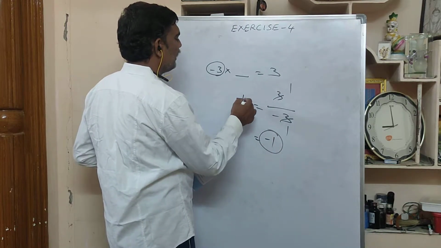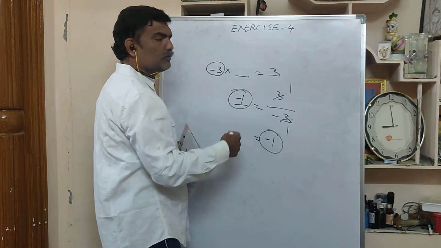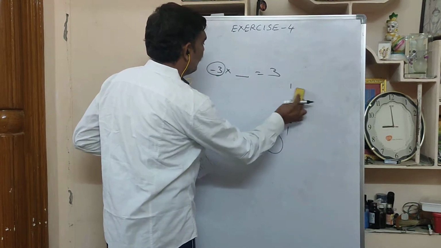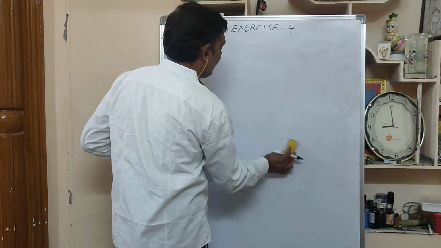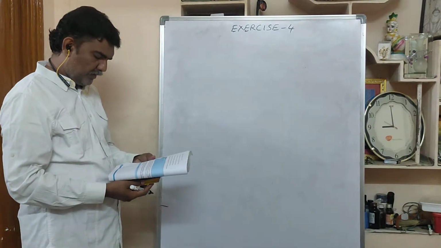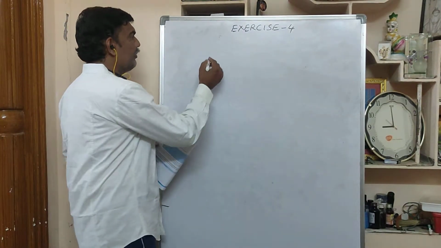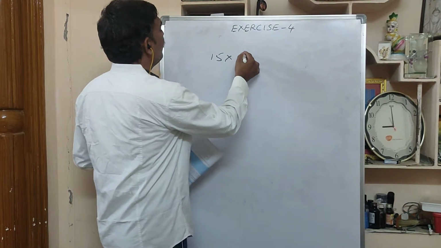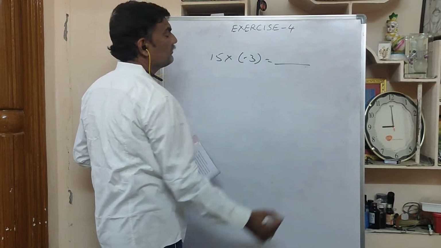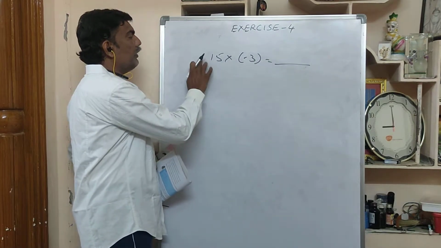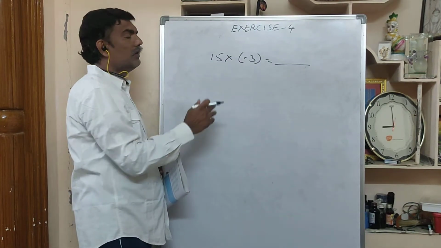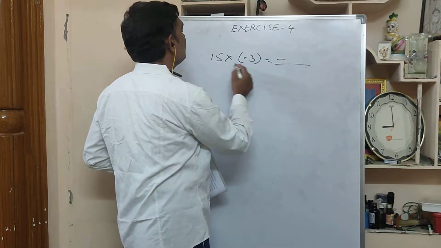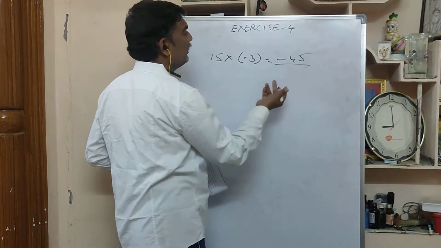So the answer is minus 1. You can do like this also. Which method is easy? You can apply the same method. Remaining, I am not doing all the problems. 15 into minus 3 is equal to dash. 15 is having positive, 3 is having minus. Plus into minus is minus. 15 threes are 45. You can write directly.